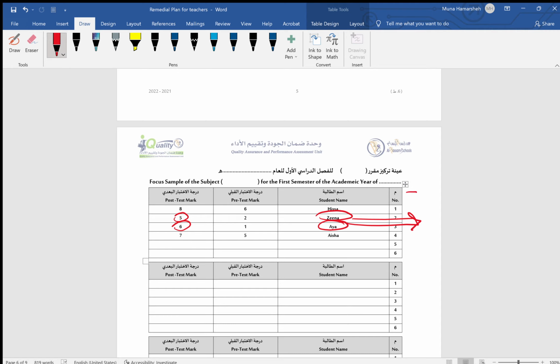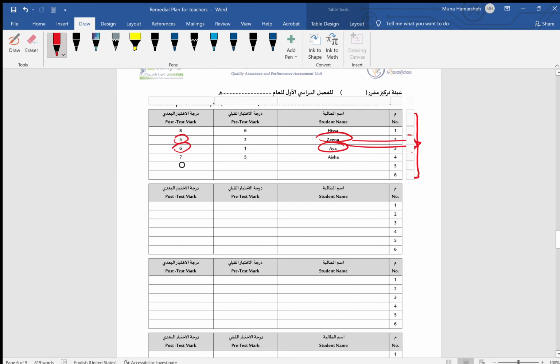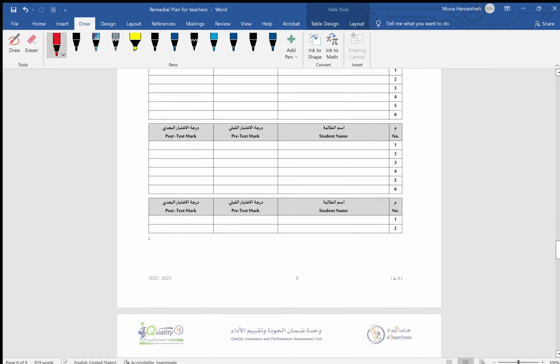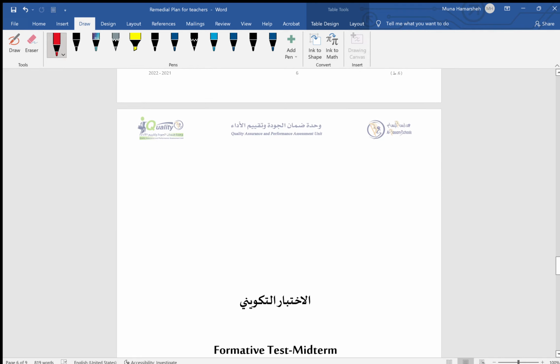In each focus group, I should have only 6 students. I can have more than one focus group for every class. Let's say I have here one focus group and here another focus group. Okay? That's for the diagnostic test. We will go for this diagnostic test remedial for each chapter.